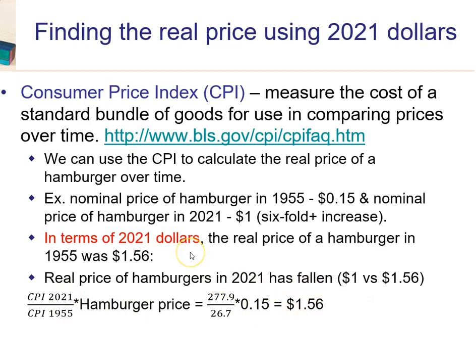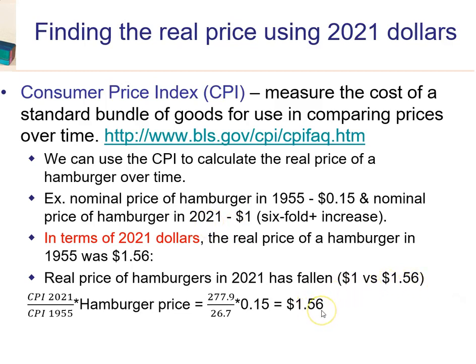So the real price of a hamburger in 1955, using today's dollars, is $1.56. $1.56 is, of course, more than the dollar it spends today at McDonald's to get you a hamburger. Therefore, the price in 1955 of 15 cents is actually higher than the dollar price in 2021, by about 50%.